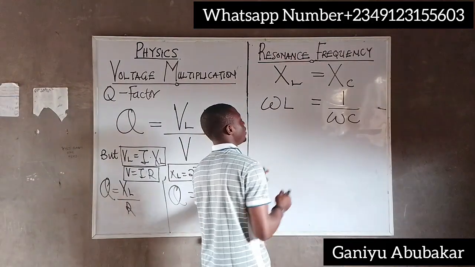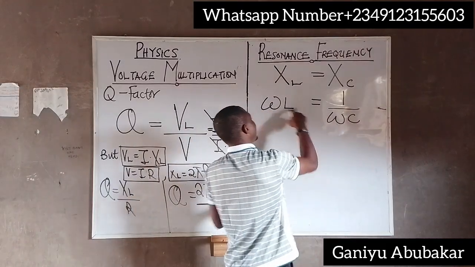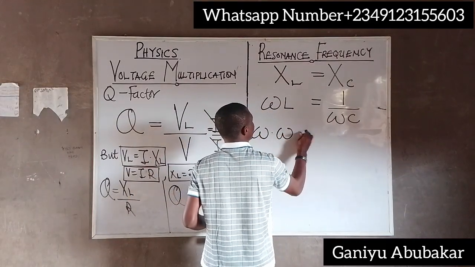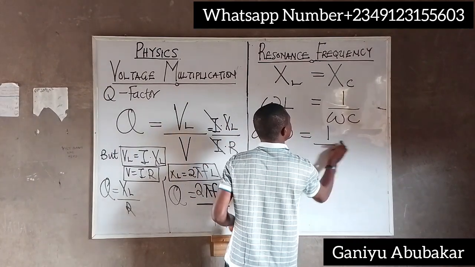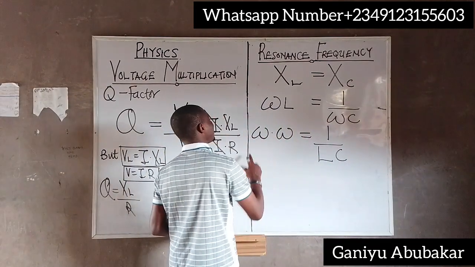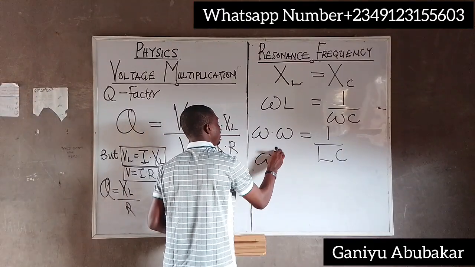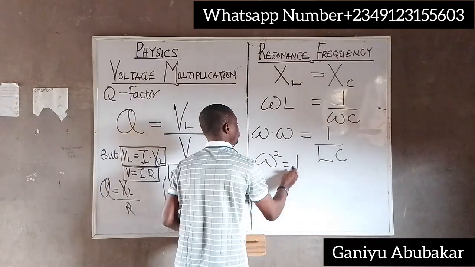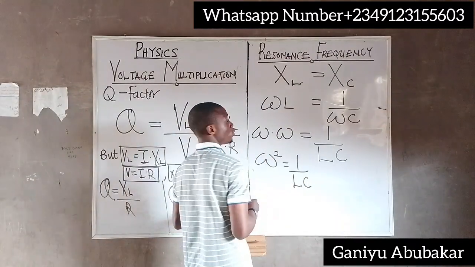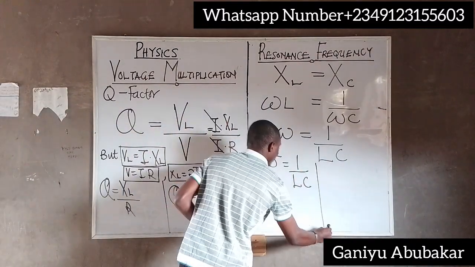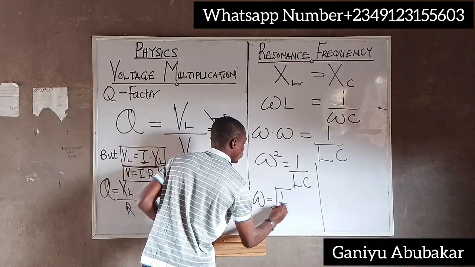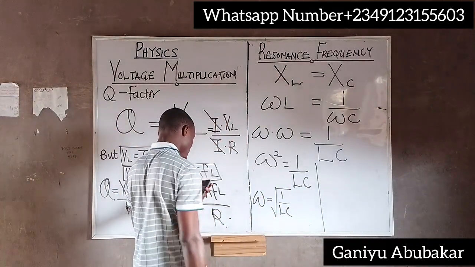I can swap like this, take omega here, take L here. I'll have omega times omega equal to 1 over LC. Omega times omega gives you omega squared equal to 1 over LC. Take the square root. That gives you omega equal to the square root of 1 over LC.